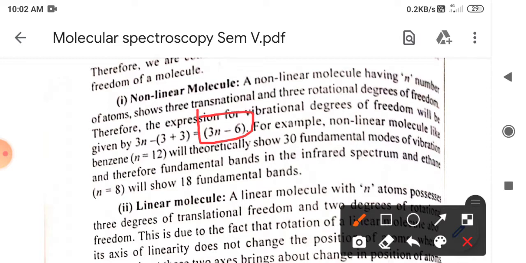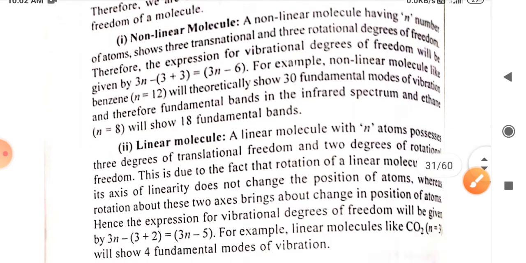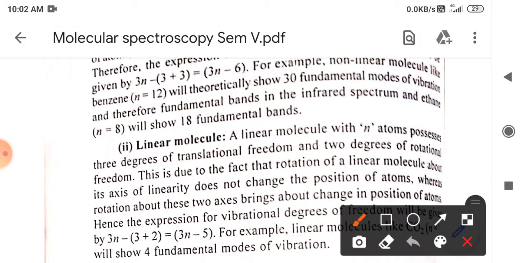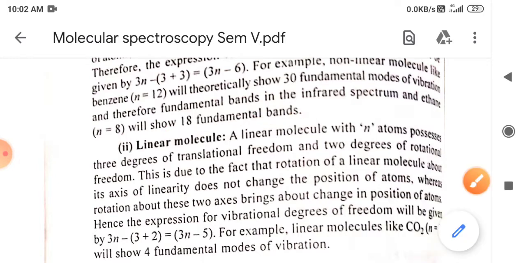This will give you the number of vibrational modes for the non-linear molecule. For example, consider the benzene molecule, which is a non-linear planar molecule. Theoretically it can have 12 into 3 minus 6, which comes out to be 30 fundamental modes of vibration. And for the ethane molecule, the total number of atoms is 8, so the total number of fundamental modes of vibration comes out to be 18.